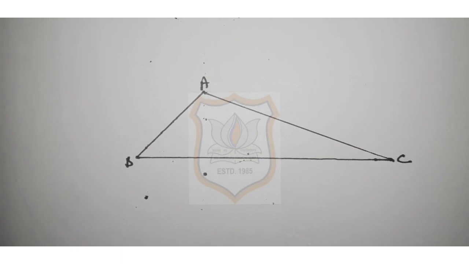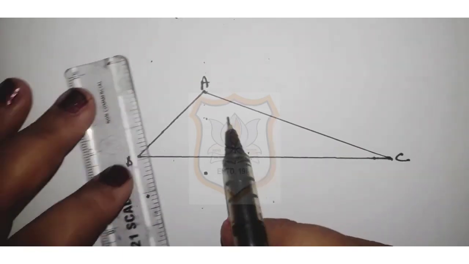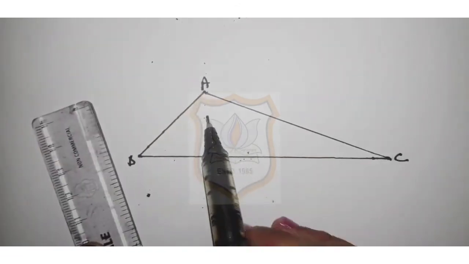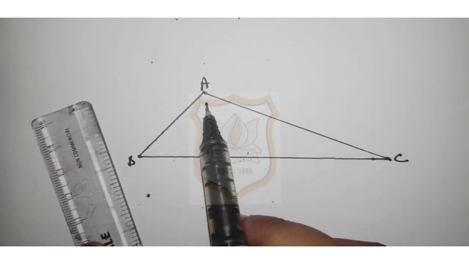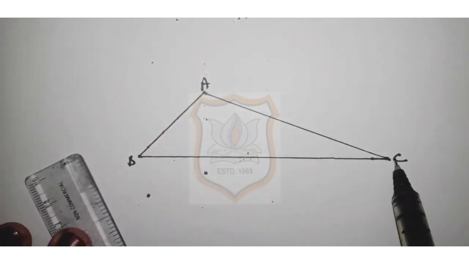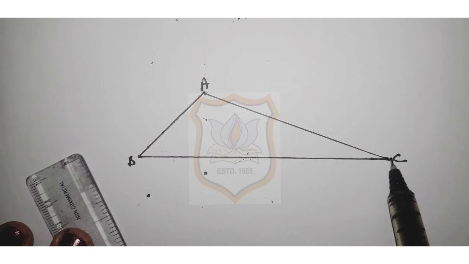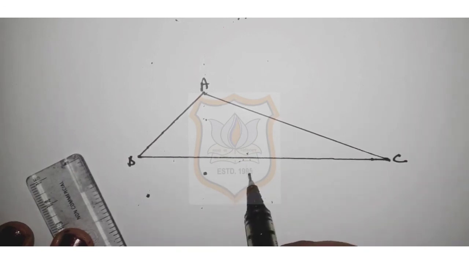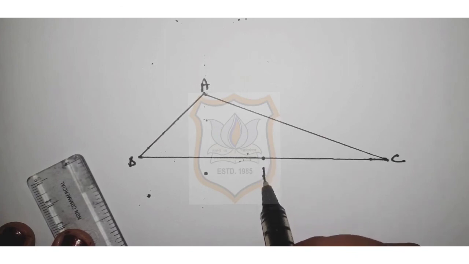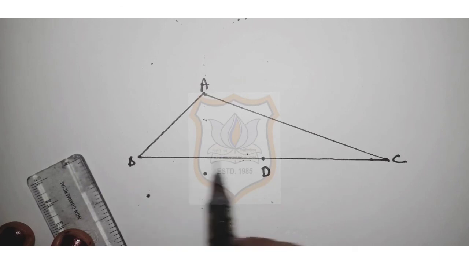I will explain. See, the median divides the opposite side, and I am drawing the median from vertex A. So the median divides the opposite side into two equal parts. Suppose the middle of this BC is, suppose this point is D. This is the middle of BC.